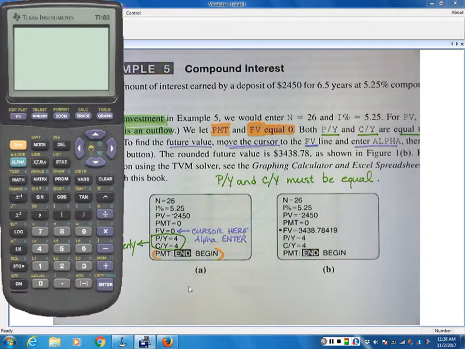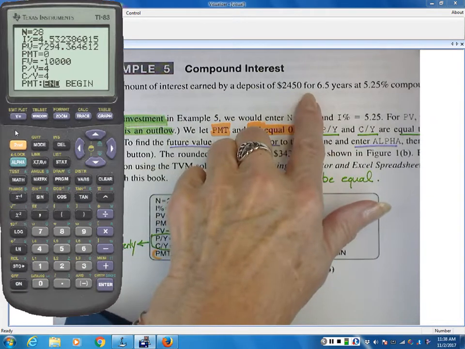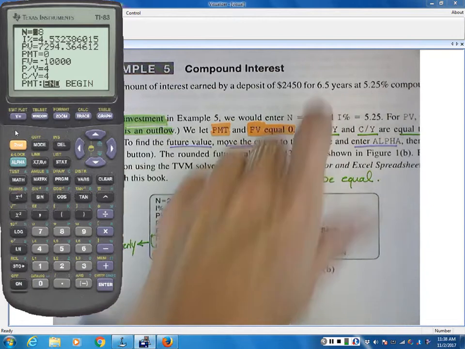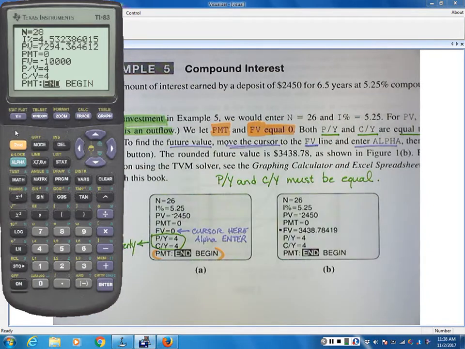So let's see if we can get this problem in here. Now, N, remember, is the number of times that you're going to compound. We're going to compound quarterly, so that's 4 times 6.5 years. You don't have to do this arithmetic separately. It'll do that for you.